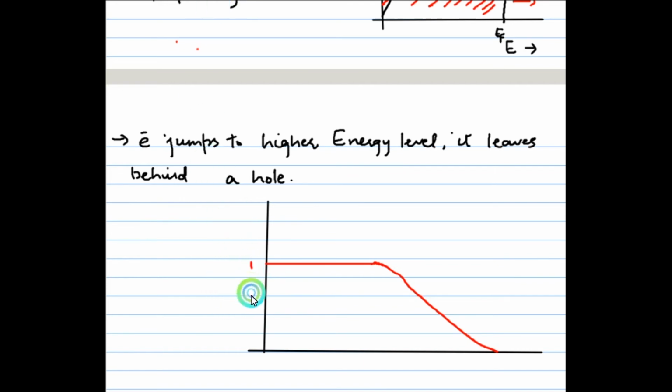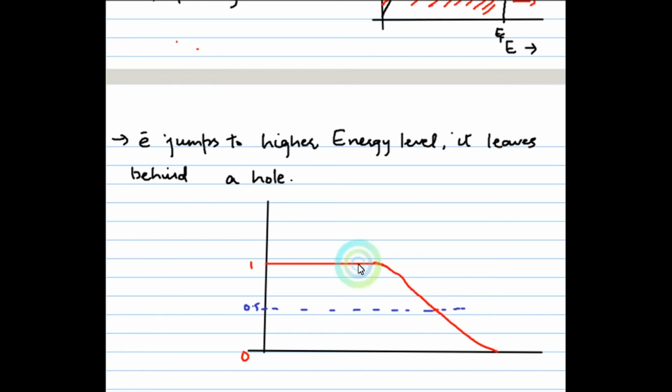This is 1, this is 0, and let us say 1 by 2, 0.5 is this point.